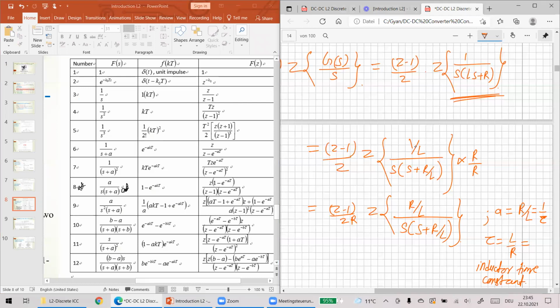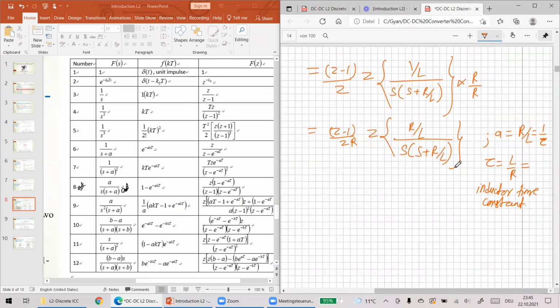Okay, so you might have seen this inductor time constant in many places. Now what we do is we just use the transformation table, and then we write the Z transform of that. So we can just write this one, and after writing that, we get Z minus 1 into Z minus e power minus AT.